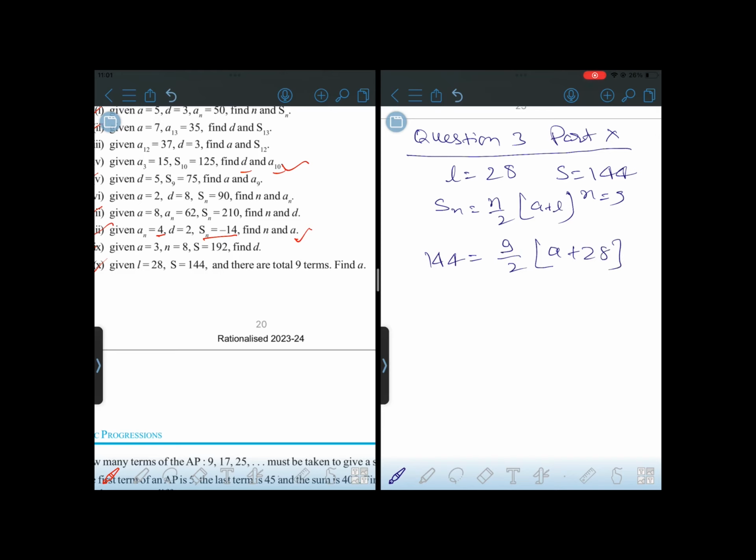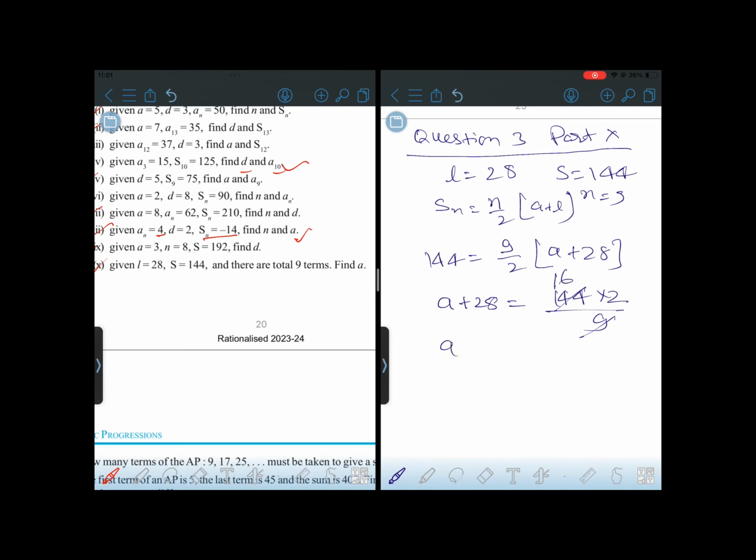So now it's very easy, right? So we can solve this ourselves. So let me solve this. A plus 28 is equal to 144 into 2 upon 9. That is 9 is 1 and 9. 9 6 are 54.